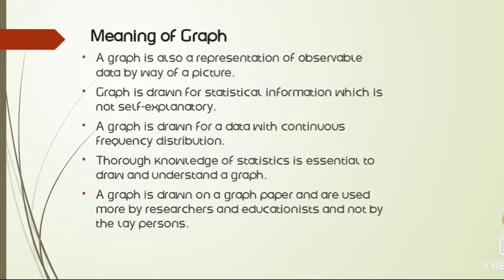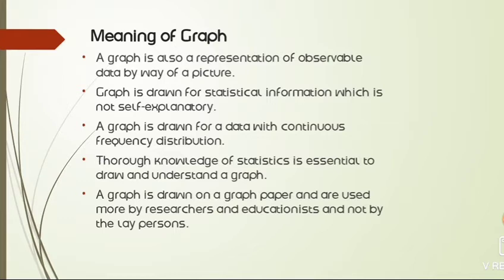Before going to the third topic, I just want to give a short, brief difference between a diagram and a graph, so that we can understand it clearly. In a diagram, it is also a representation of observed data by way of a picture. Here also it is a representation of observed data. That is a similarity. What is the difference?